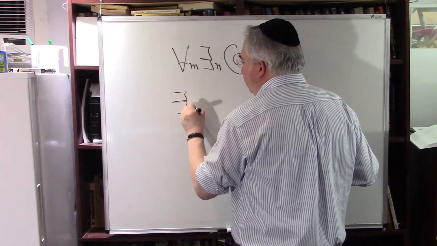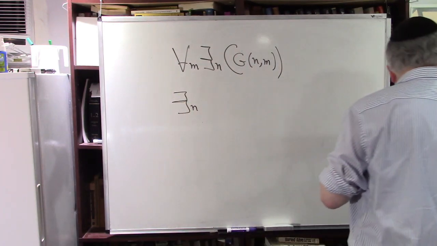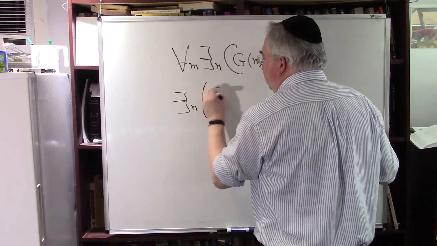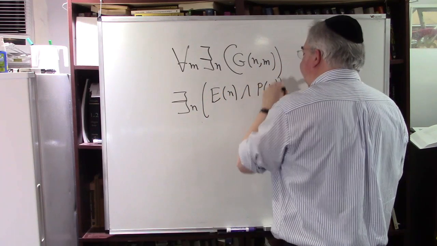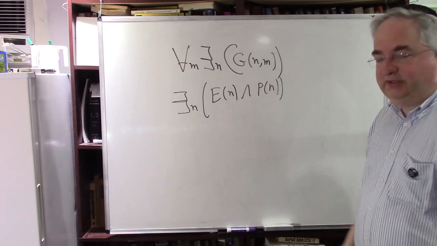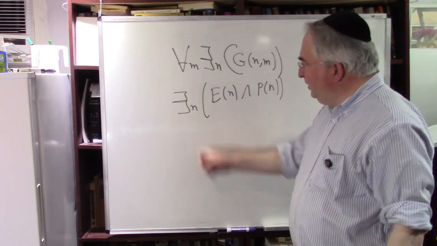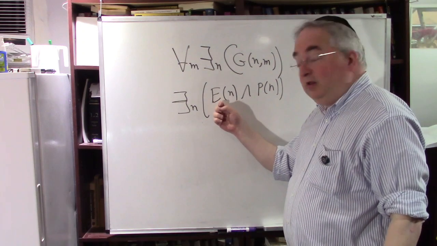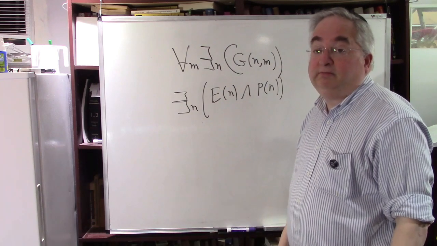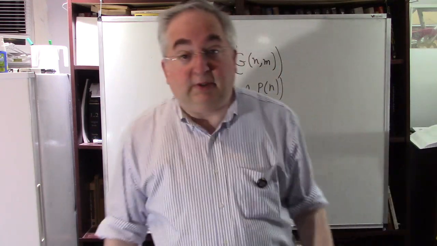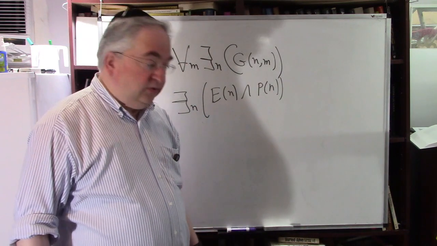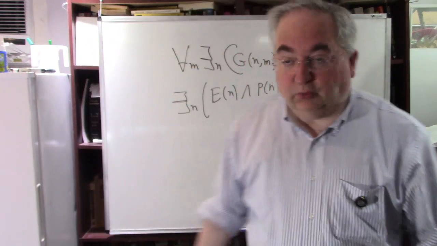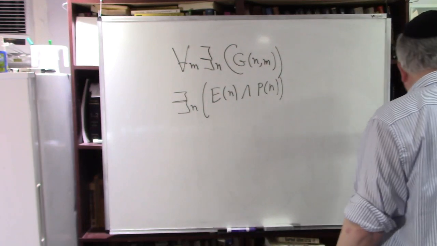Let's do another one. There exists an n such that E of n and P of n. What's that say? There is some number that's both even and a prime. There's exactly one such number, but that's okay. That makes this true also. That number is 2. 2 is even and it's a prime.